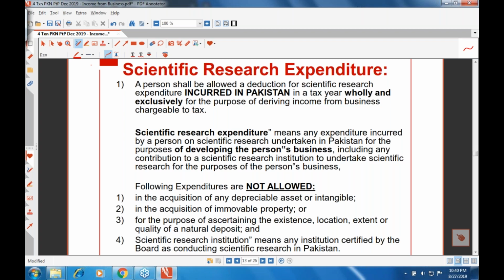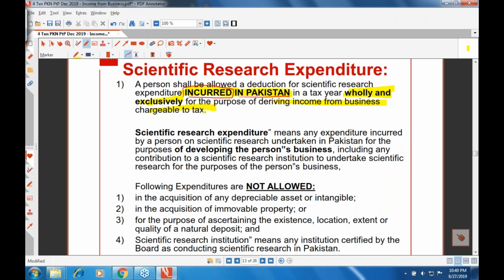It says a person shall be allowed a deduction for scientific research incurred in Pakistan in a tax year wholly and exclusively for the purpose of deriving income from business chargeable to tax.